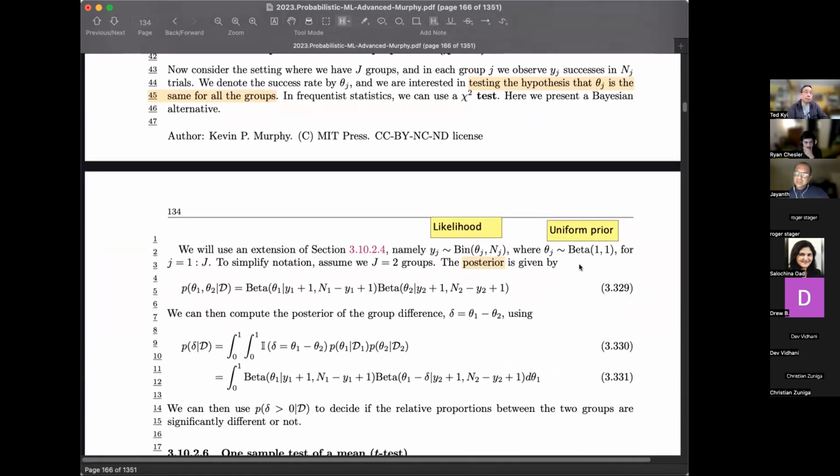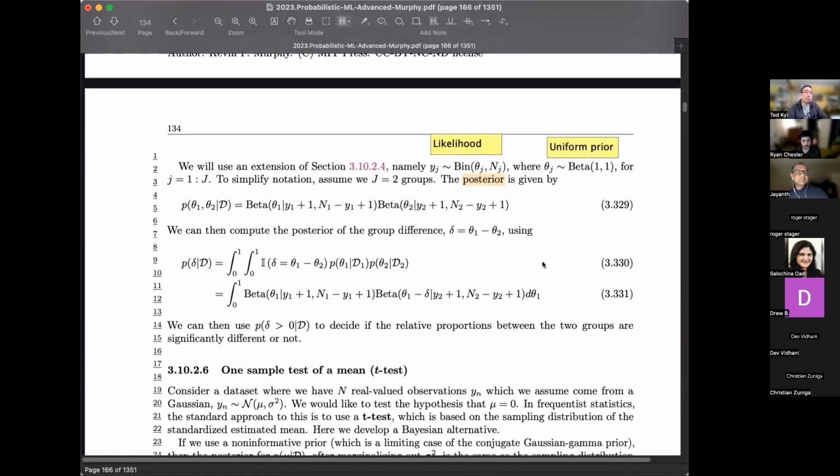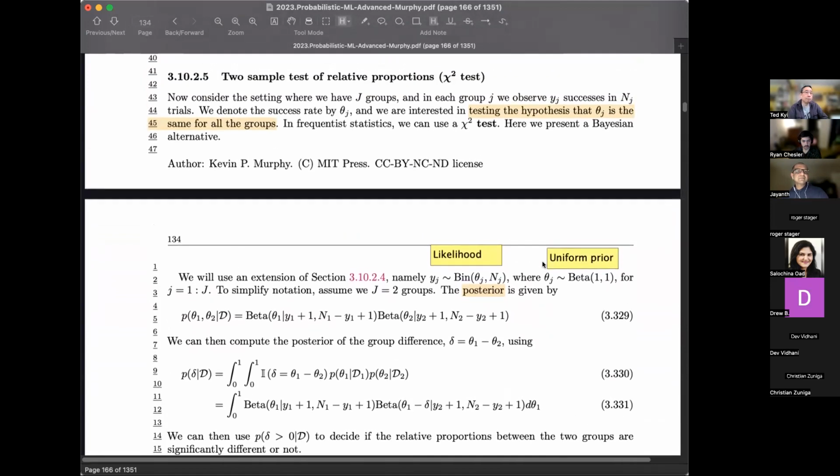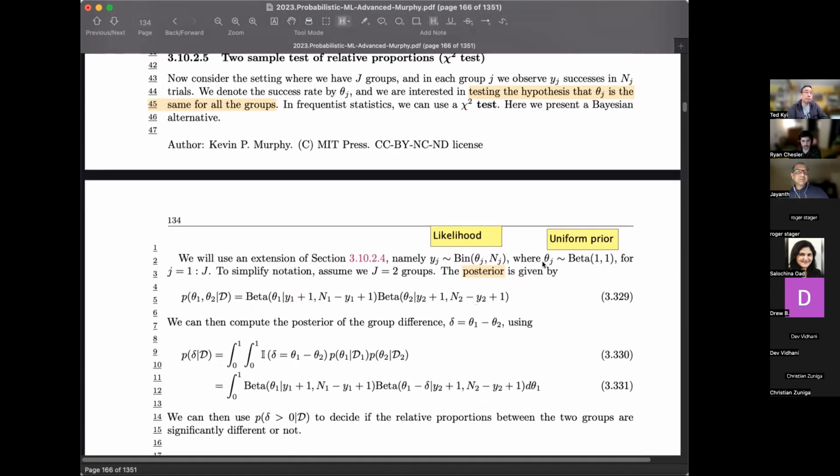Theta j is in turn drawn from a uniform prior here, beta of 1, 1. And then we're trying to figure out if the theta j is the same. So theta 1 and theta 2, is it the same for all the groups.